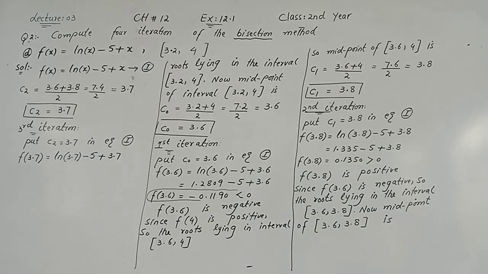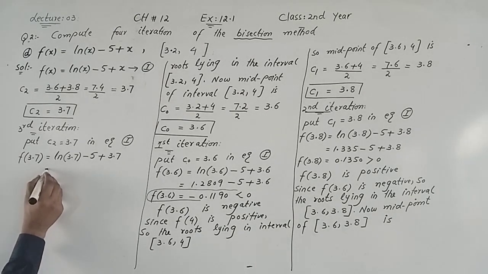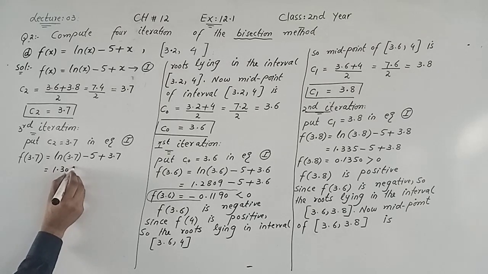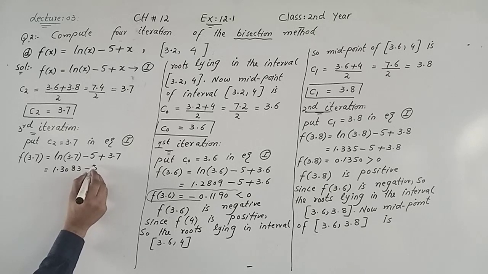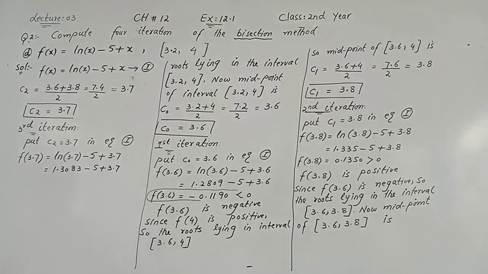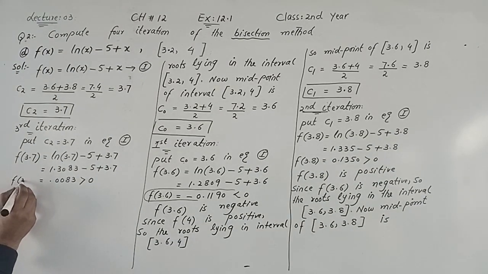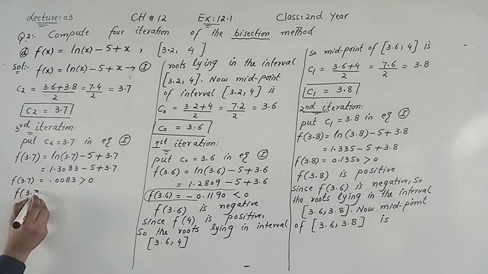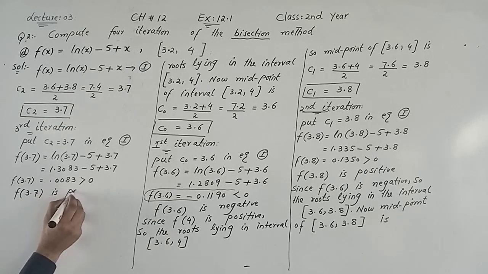Log of 3.7 is equal to 1.3083 minus 5 plus 3.7, तो इससे हमारे पास आ जाएगा 0.0083, which is greater than 0. Means f(3.7) is positive.